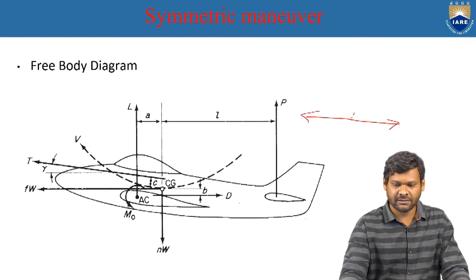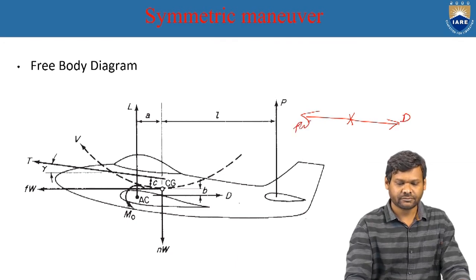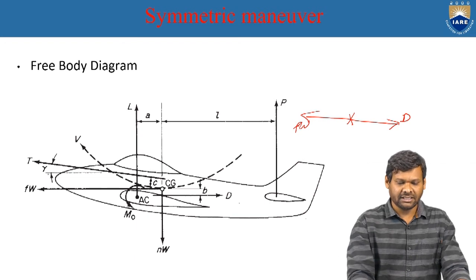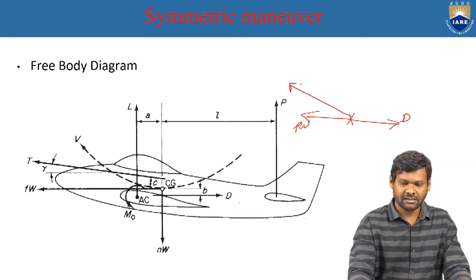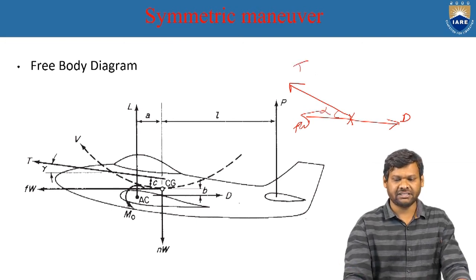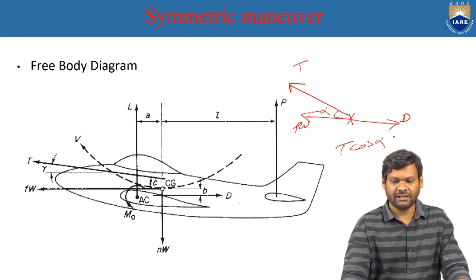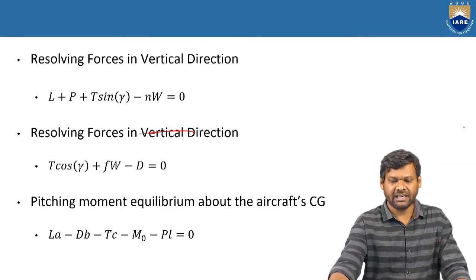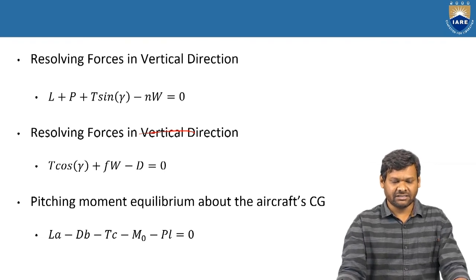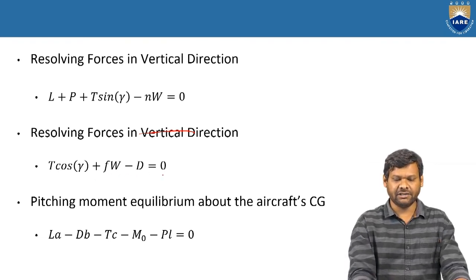This is drag D, and this is force FW, and the other force is the thrust force T, which is acting at an angle of alpha. And finally, what we can write is T cos alpha plus FW minus D equal to 0.